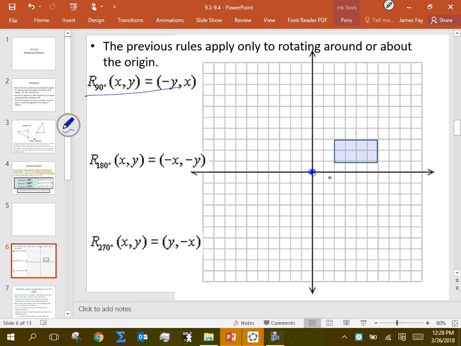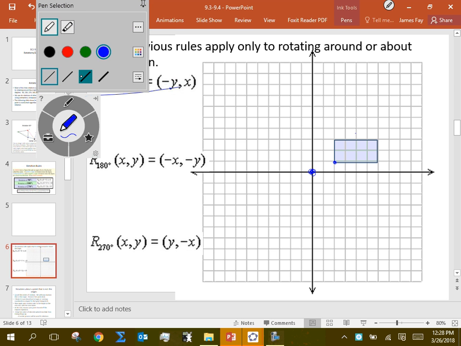Now, if I'm going to rotate 90 degrees, I've got the rule here. Let's look at some points. This point is called A, at 2, 1. If I call this point B, it's at 6, 1. C is at 6, 3, and D is at 2, 3.